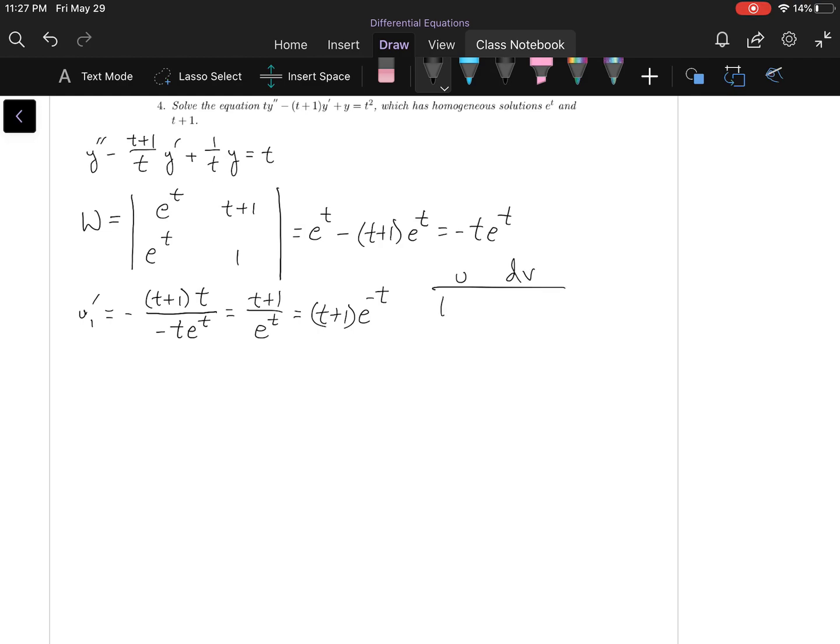So u, I'm going to say, is t plus 1. Its derivative is 1, and the next derivative is 0. dv is the e to the negative t, which has an integral of negative e to the negative t. And the next integral is positive e to the negative t.